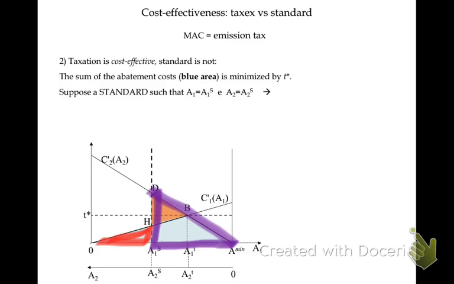So if we compare with the previous result, we can notice that we have this orange triangle, which is the deadweight loss, if you want, that we have if we put the standard. Okay? So only by chance, if the standard is at this level, then the two tools are the same.